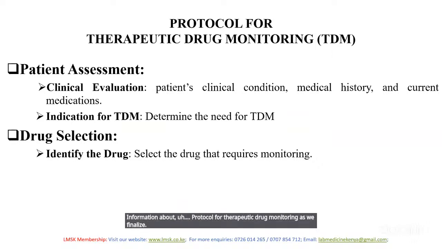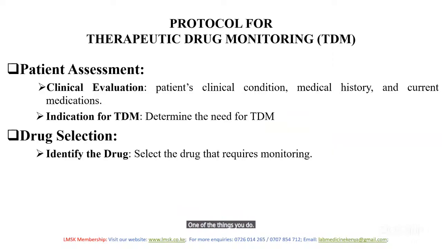One of the things you do when you are monitoring therapeutic drug is patient assessment. You do clinical assessment, and in clinical evaluation, you look at the patient's clinical condition, medical history, and current medications.